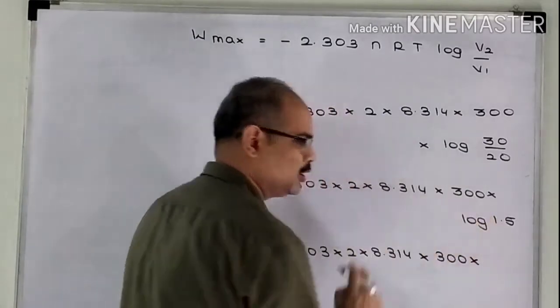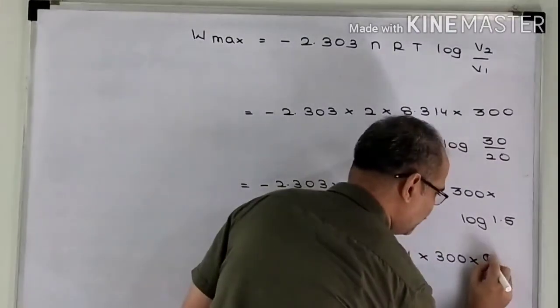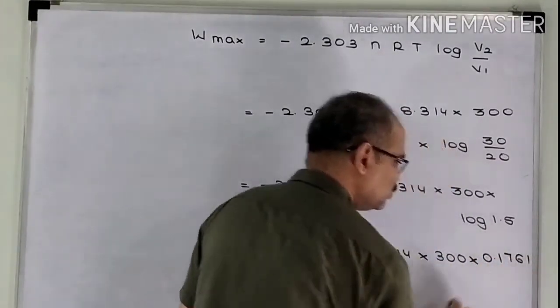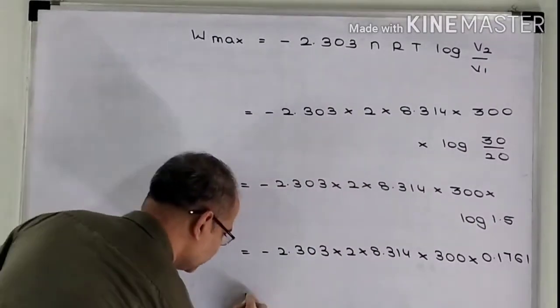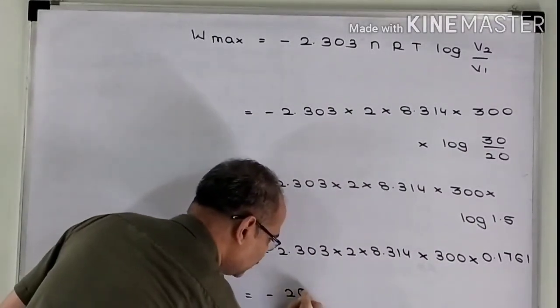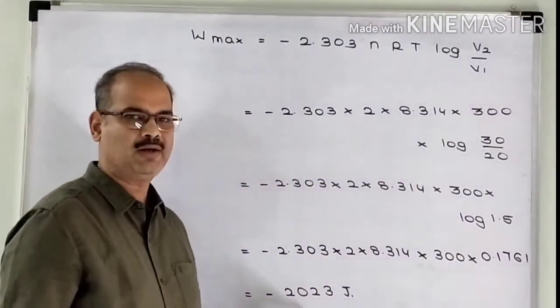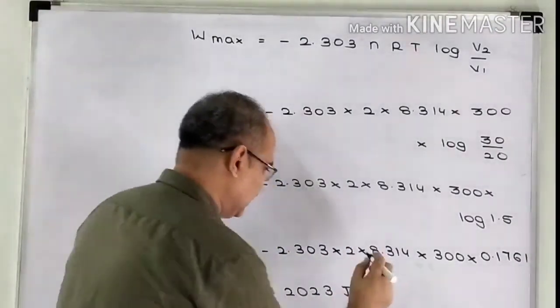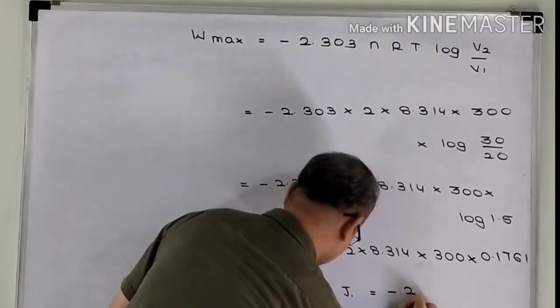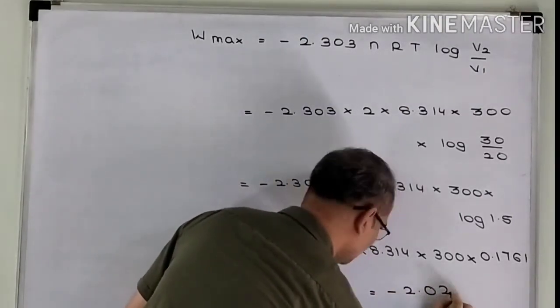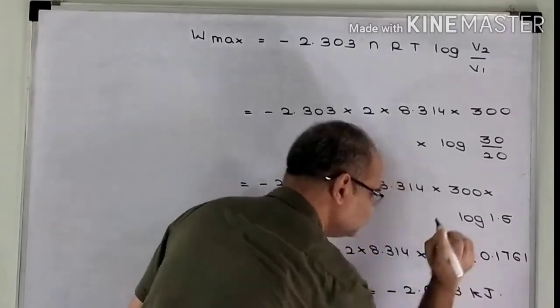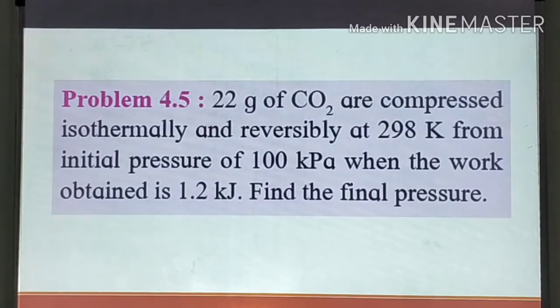Now if you check, the log of 1.5 is 0.1761. If you do the multiplication, you get the answer minus 2023 joules, or you can convert it into kilojoules and write minus 2.023 kilojoules.